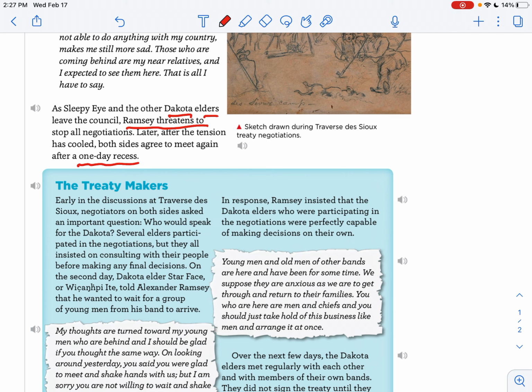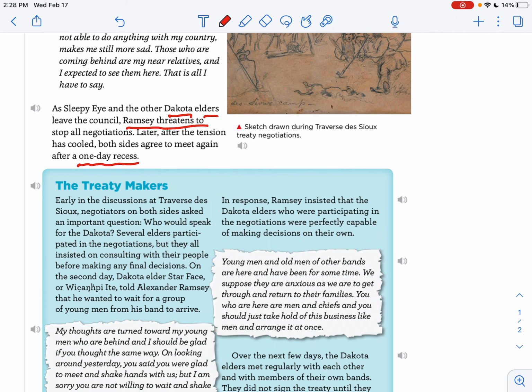You guys have all heard that word, recess. Well, it's a different meeting here. So, what's going on after these 2 days of meetings, after July the 17th and 18th? Ramsey says he wants to get this done, and the Dakota have told him what? No, we want to wait for the rest of our people to get here.